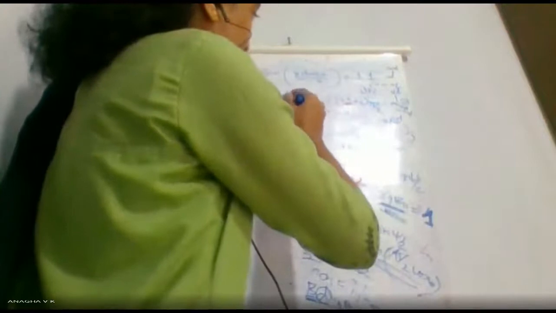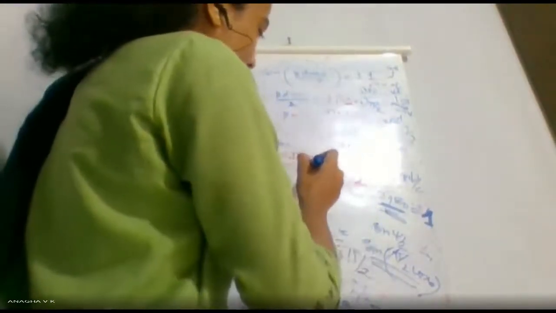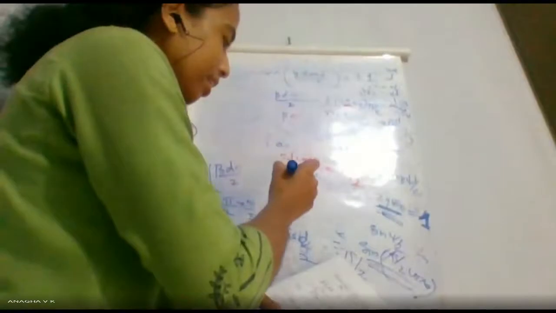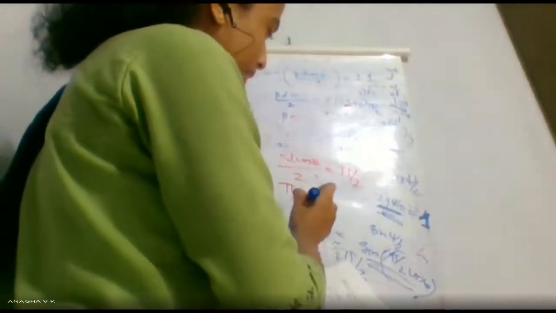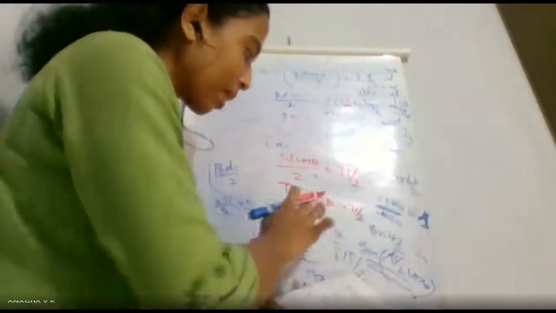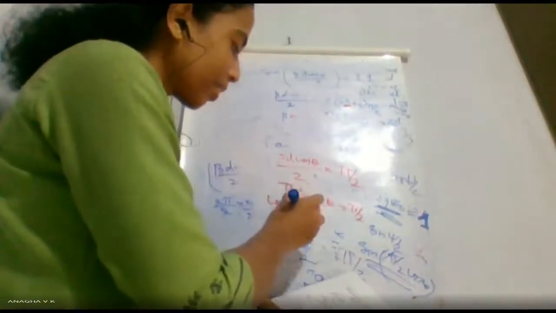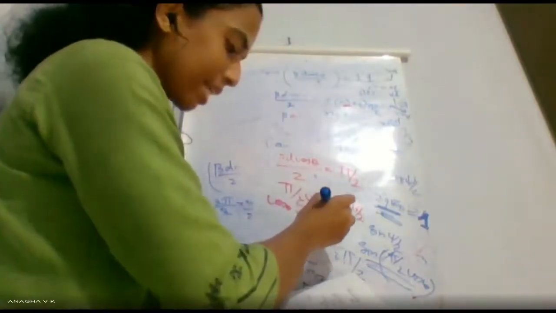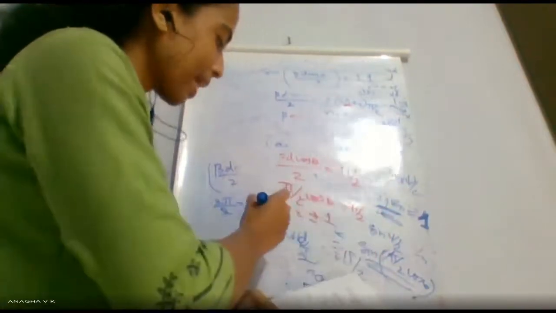Beta d cos theta by 2 equal to pi by 2 means the principal maxima. So pi by 2 cos theta equal to pi by 2, so cos theta equals plus or minus 1.